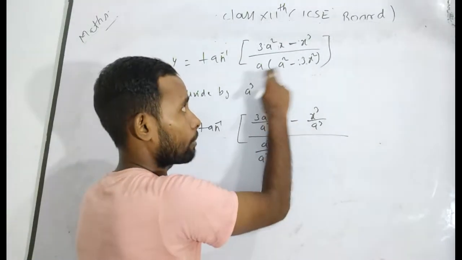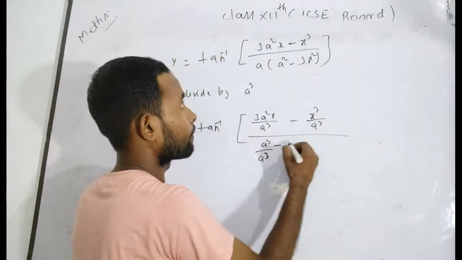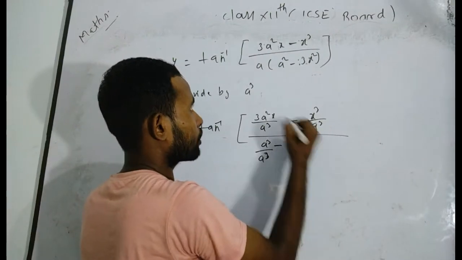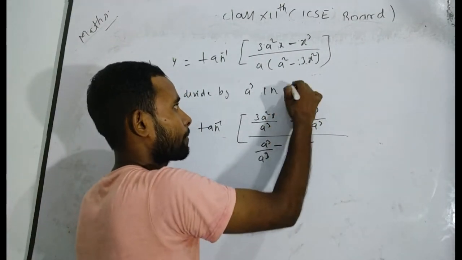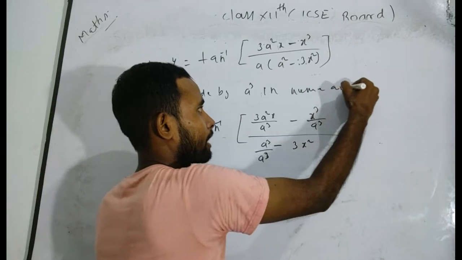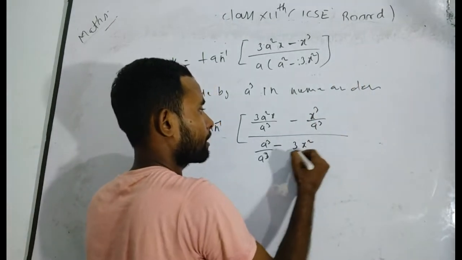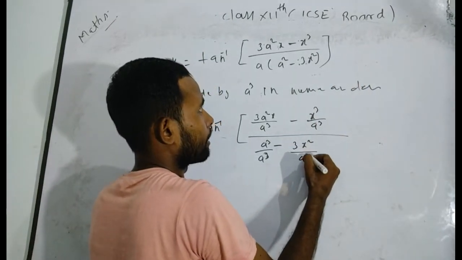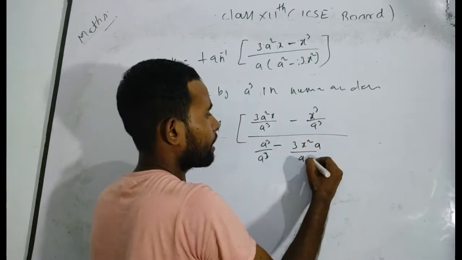After multiplication it will be a cube divided by a cube minus 3x square a.